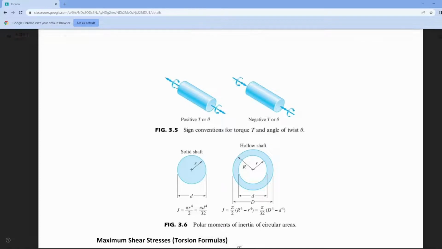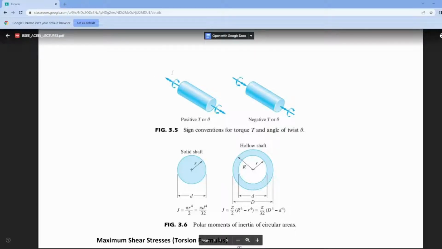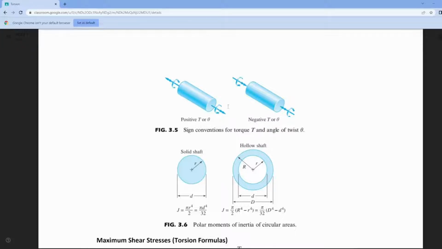So, if the torque is like this, just use the right hand rule and you will identify that the direction of the torque is towards there, to the left. What about this one? Let's consider this one.